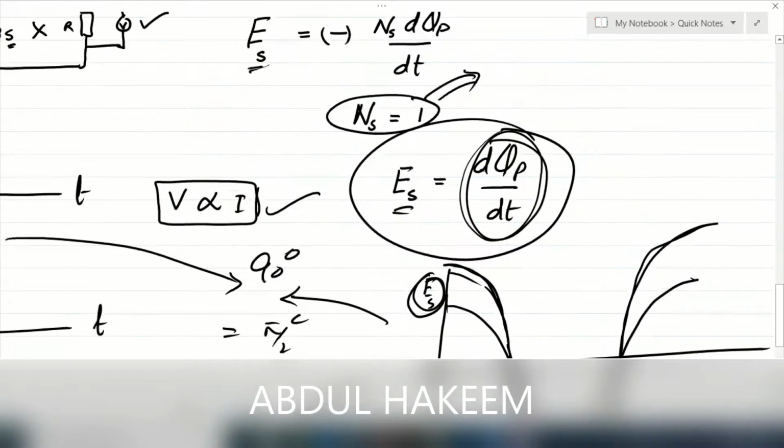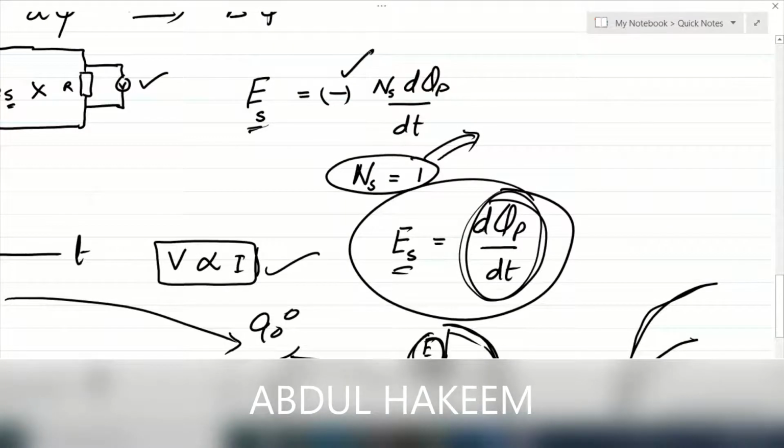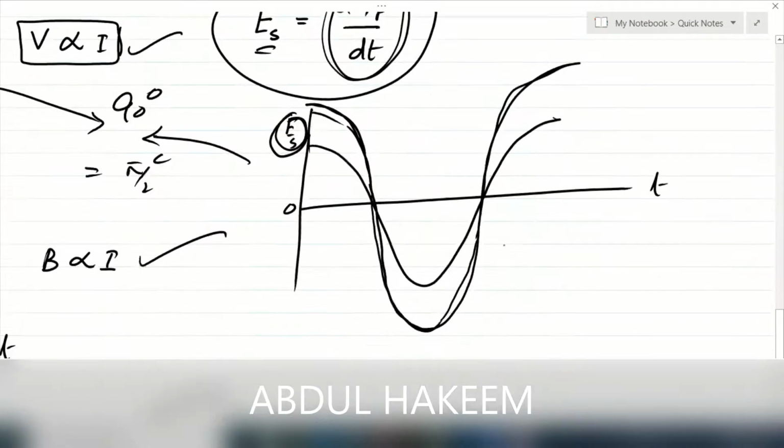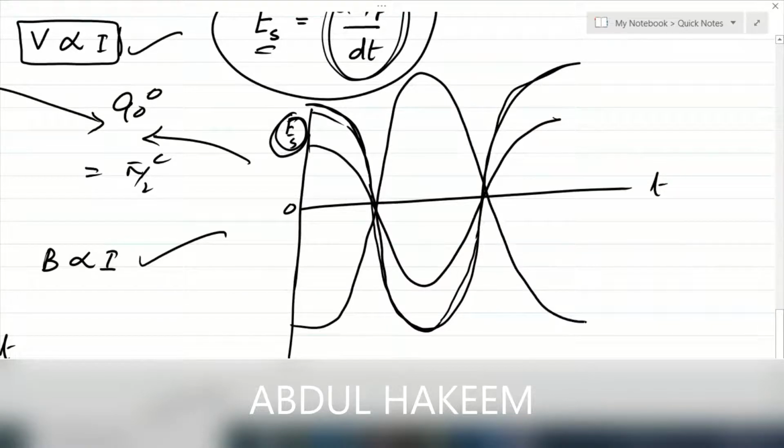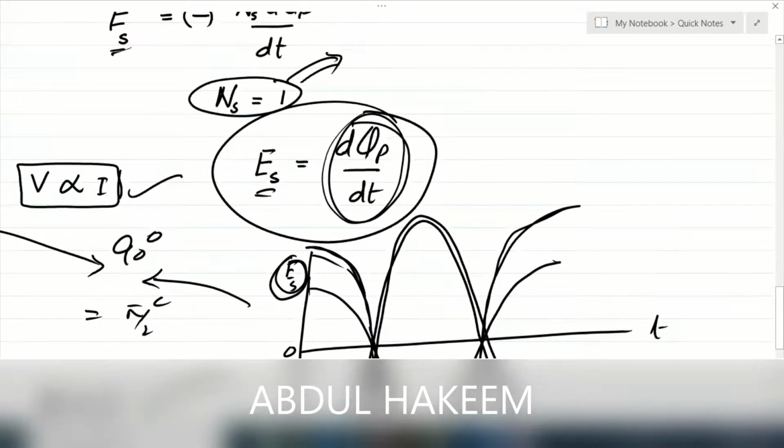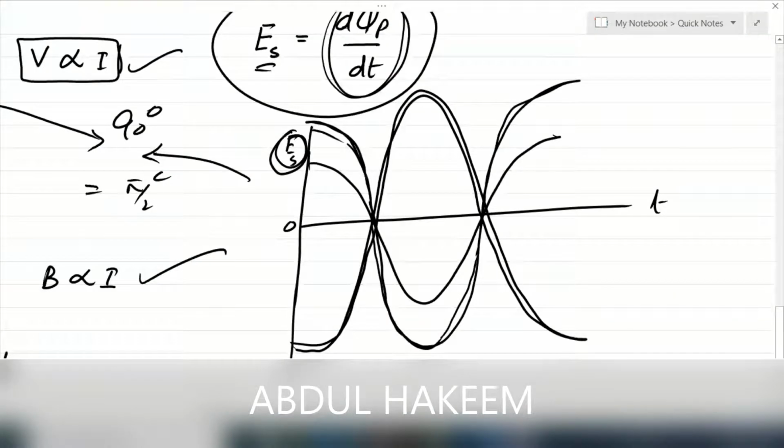If we consider Lenz's law, then instead of the positive cos graph, it will be a negative cos graph. So this will be the only difference. When we increase the number of turns of the coil, the amplitude will increase. When we consider the negative sign, it becomes the reverse graph, meaning a reflection of the previous graph.